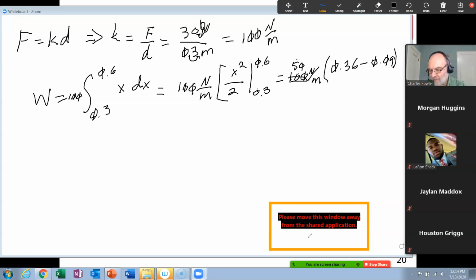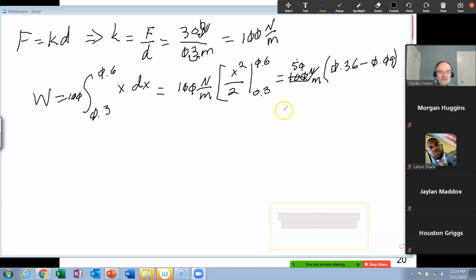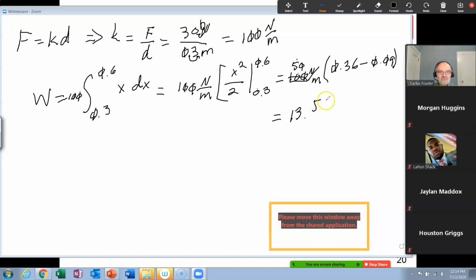Yes. And what are your units here? Well, we see newtons per meter here. This was meters squared here. So that was 13.5, pretty ugly 5.